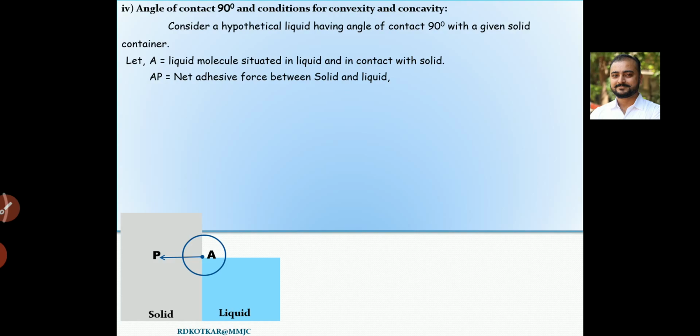Okay, what about the next? That is AC. AC be the net cohesive force between the liquid and liquid molecules. Okay, means force of attraction between two similar molecules. That is a cohesive force, and here it can be represented by AC as shown in the figure. So you can observe AC be the net cohesive force.